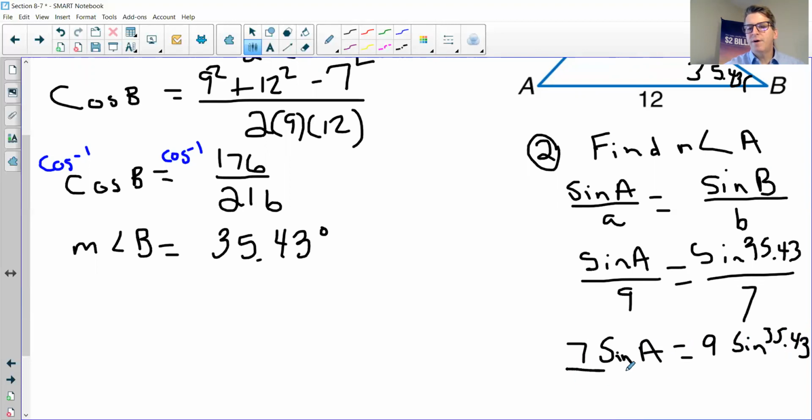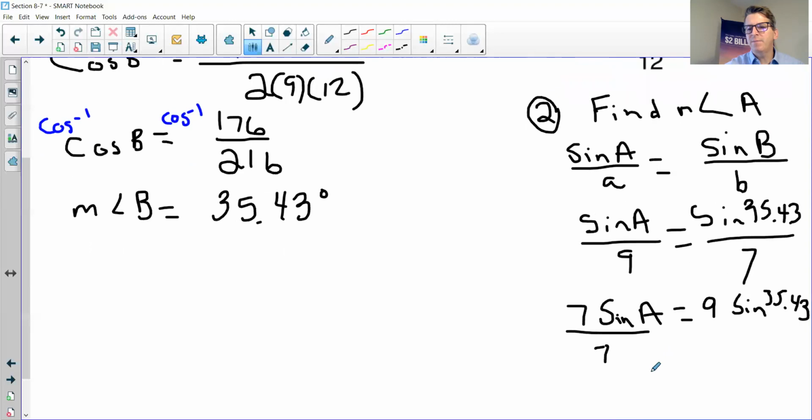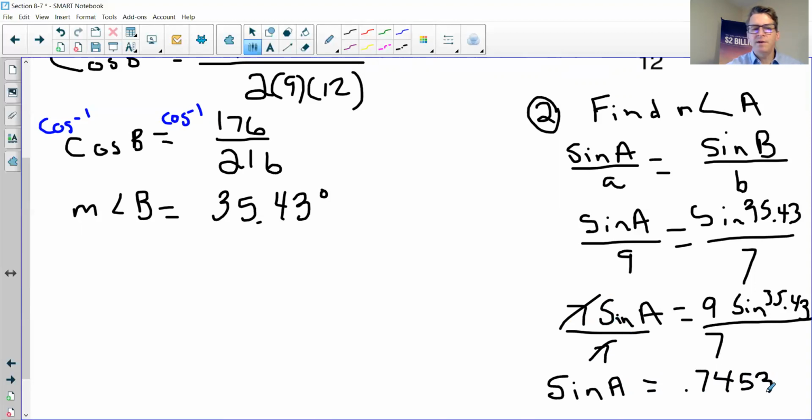If you divide by 7 on both sides, the sine of A would be 0.74534.